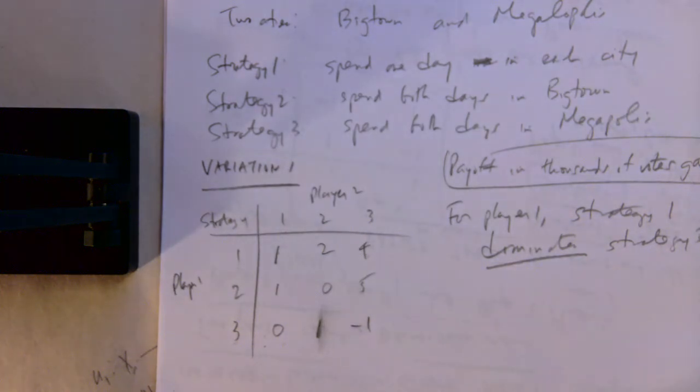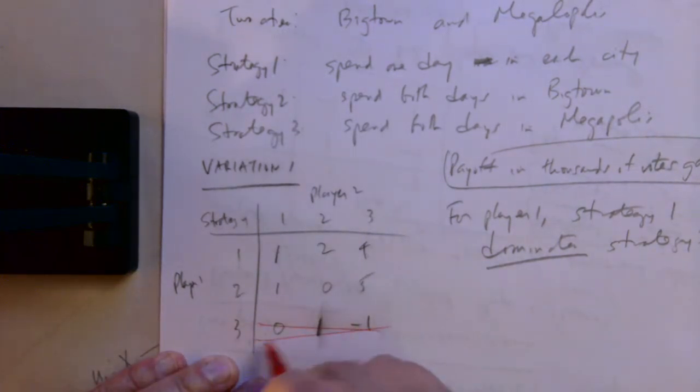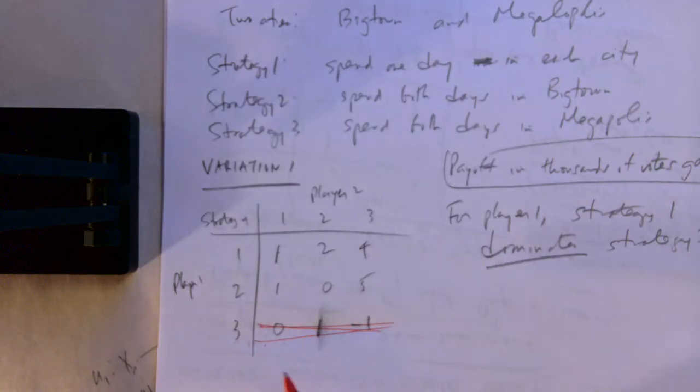Because player 1 is rational, he will never pick strategy 3. He'll always do better no matter what, picking strategy 1. So we cross out strategy 3. Player 1 is never going to pick strategy 3. That would be irrational.